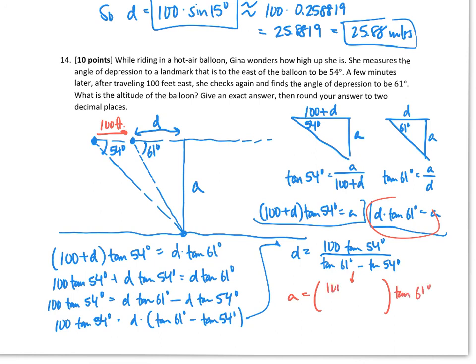So 100 tan 54 divided by tan of 61 minus the tan of 54. So all of that nasty mess is our exact answer. And then when we type that in our calculators very carefully using lots of parentheses, we get that A is approximately 580.61 feet.